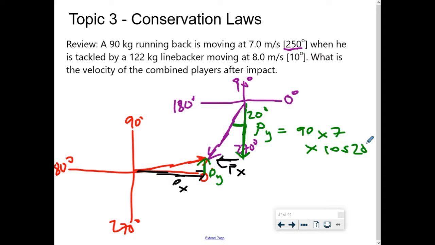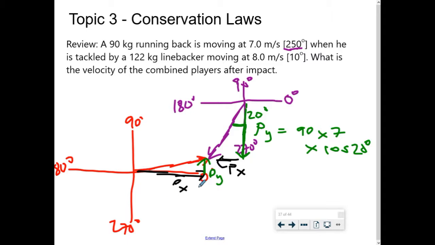And the reason why I'm multiplying by the cosine of 20 is that this right here is adjacent to the 20 degrees right there. Did I screw that one up there? No, because the linebacker is red. Yeah, good question though. Good thing to double check on.